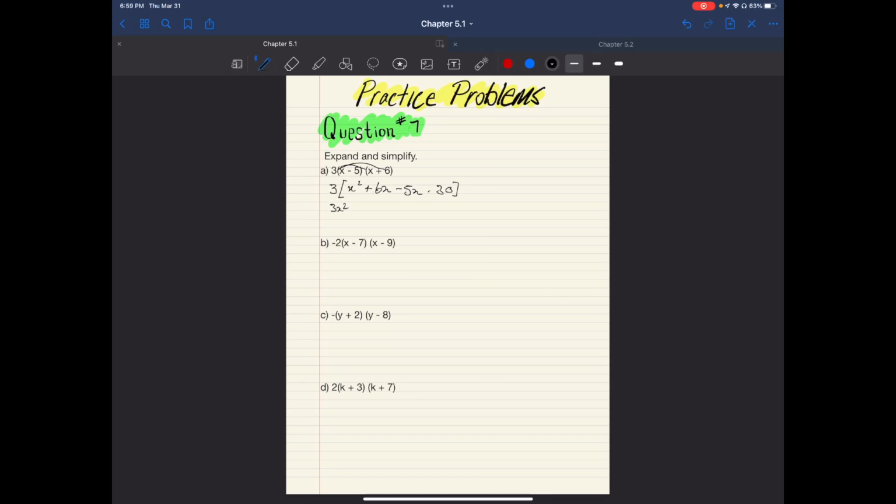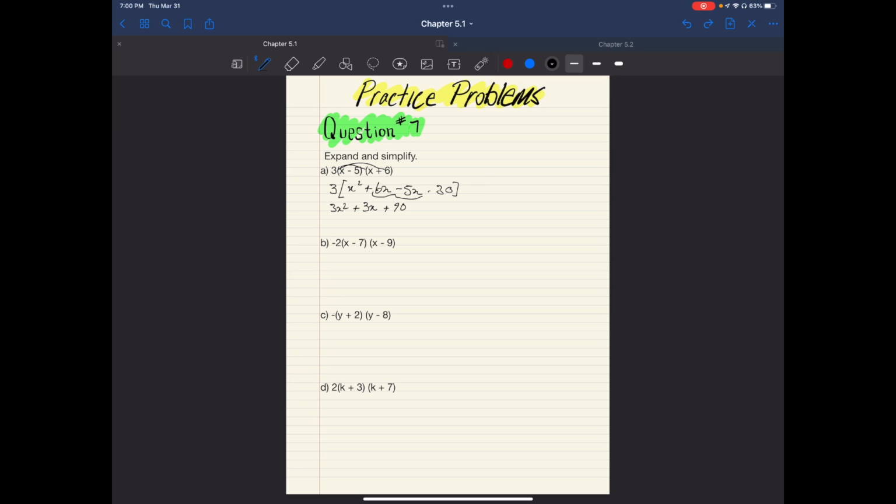As I do this, I'm going to simplify this term and multiply by 3. That becomes plus 3x, and this becomes plus 90. Oh, sorry, that is my bad. Oh, no, that was right. I apologize.